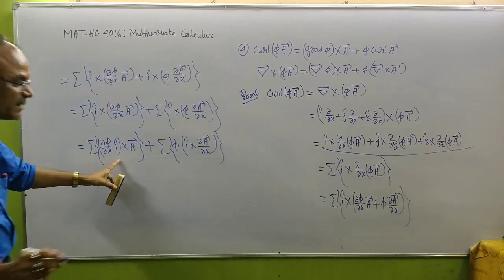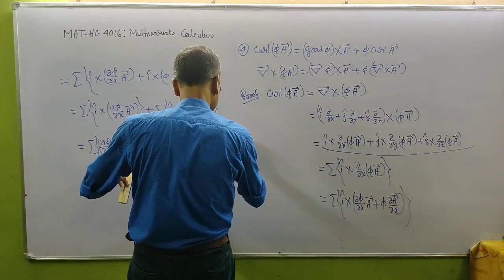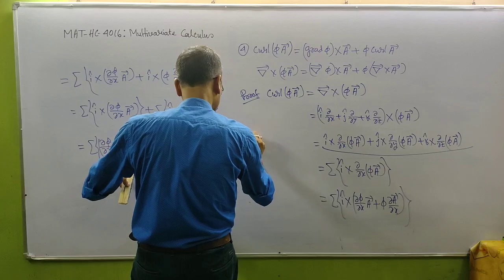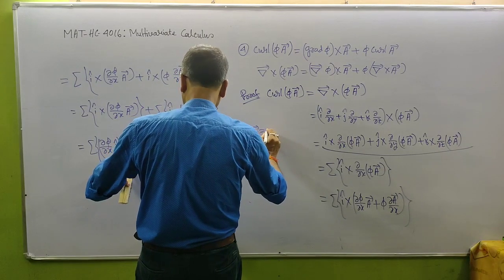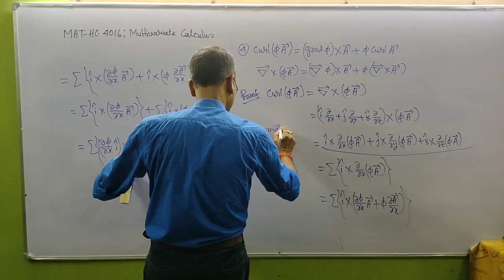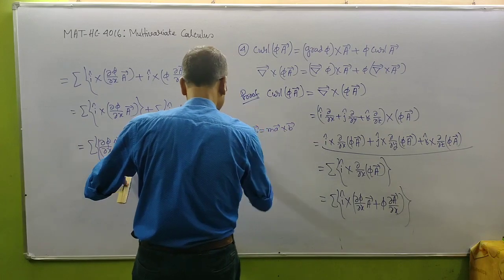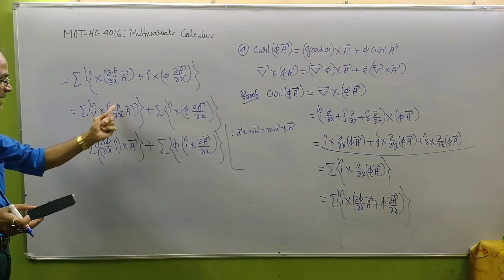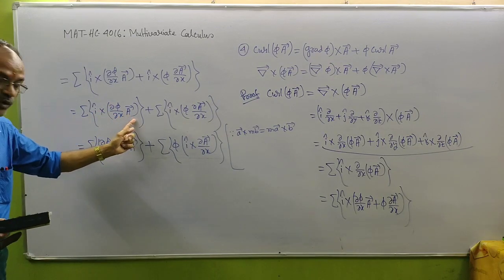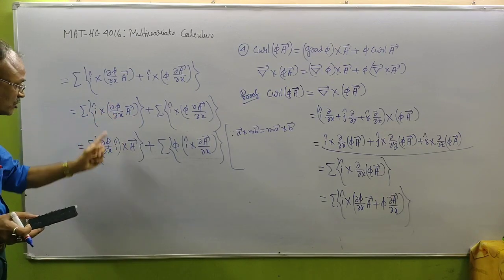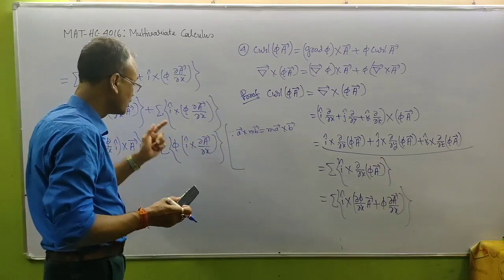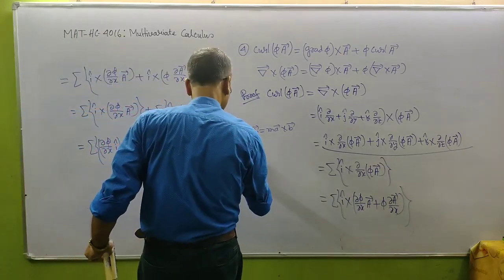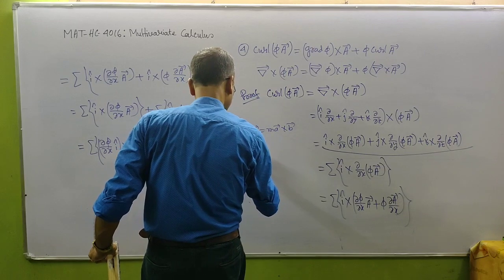For this, we have applied this one. Since A cross mB vector equals mA cross B, we have applied this. For this, A vector cross mB vector will be equal to m A vector cross B. We have applied this.